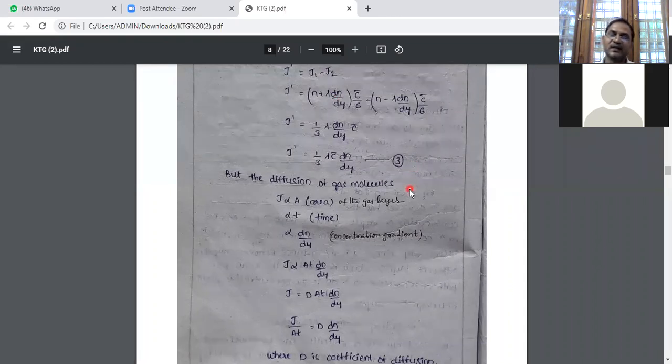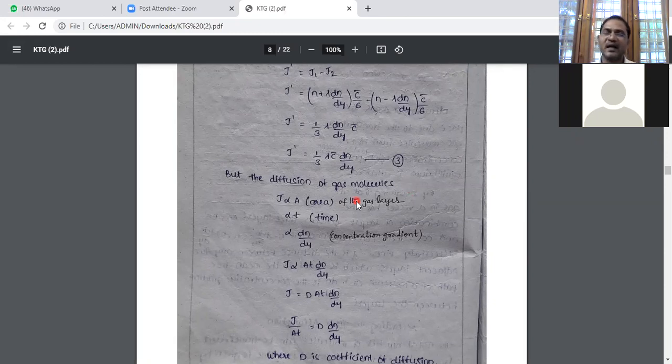But actually, for the diffusion process, the number of molecules transferred from the high concentration region to the low concentration region depends on three factors. One is the area of the gas layer. Second, the time duration, how much time we are considering. The third one, the concentration gradient.